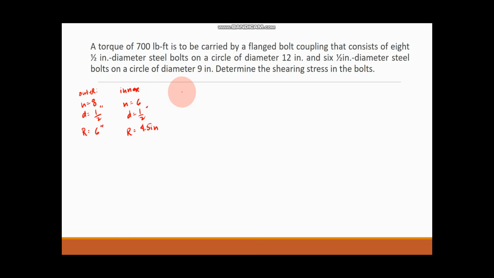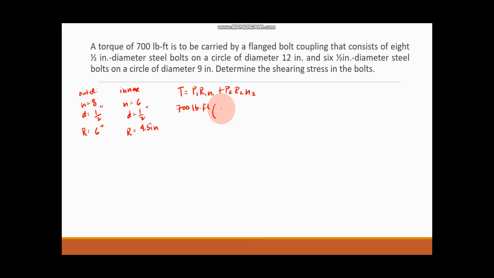So first, determine muna natin yung torque. Torque is equal to P1 R1 N1 plus P2 R2 N2. So the torque is 700 pounds-feet, and I would like to convert this into inches para uniform lahat.